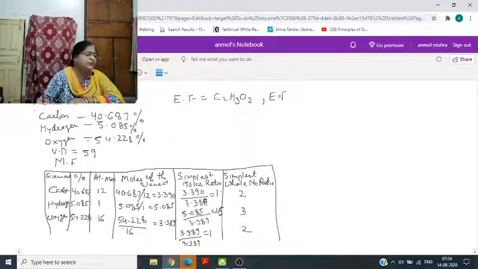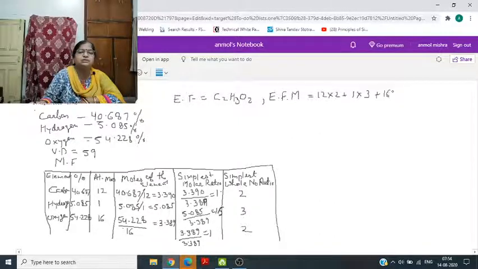Empirical formula mass will be equal to 12 into 2 plus 1 into 3 plus 16 into 2, which is equal to 59.